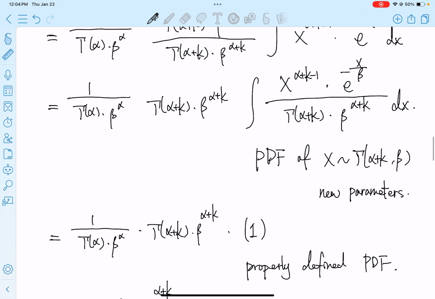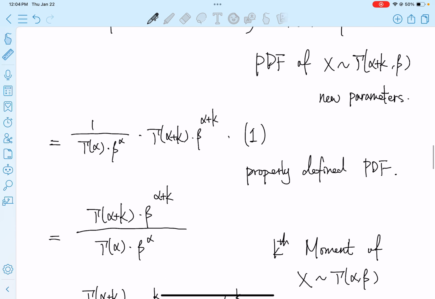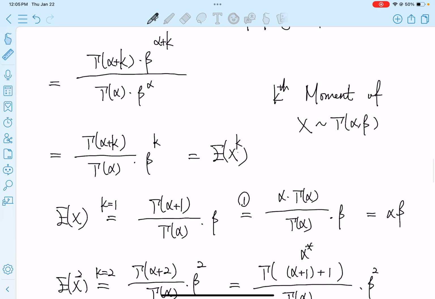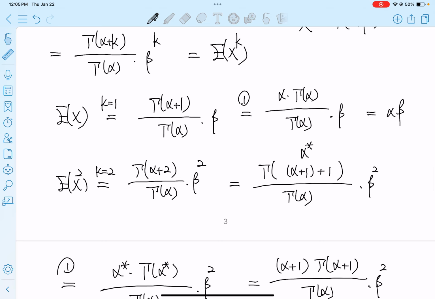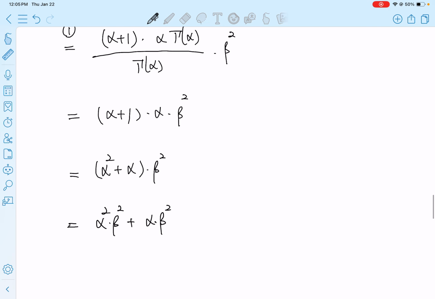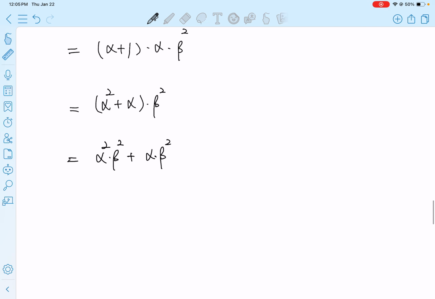So just to recap, we derived a formula for an arbitrary kth moment. And to calculate the first moment or the second moment, we just plug in k equal to 1, plug in k equal to 2. Then we'll have this form. And now we can also calculate the variance of a gamma distribution.